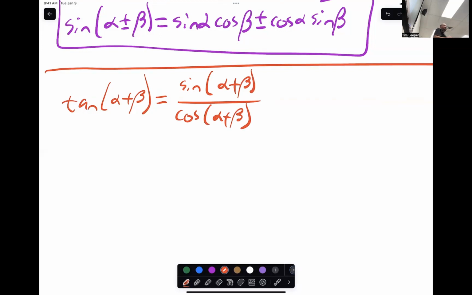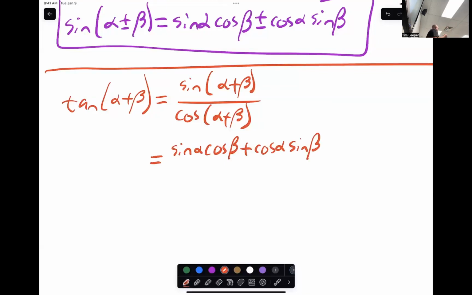But notice that we have an identity for both of those, for sine alpha plus beta and cosine alpha plus beta. What was sine alpha plus beta? Sine alpha cosine beta plus minus cosine alpha sine beta. Almost. It's sine alpha cosine beta plus cosine alpha sine beta.